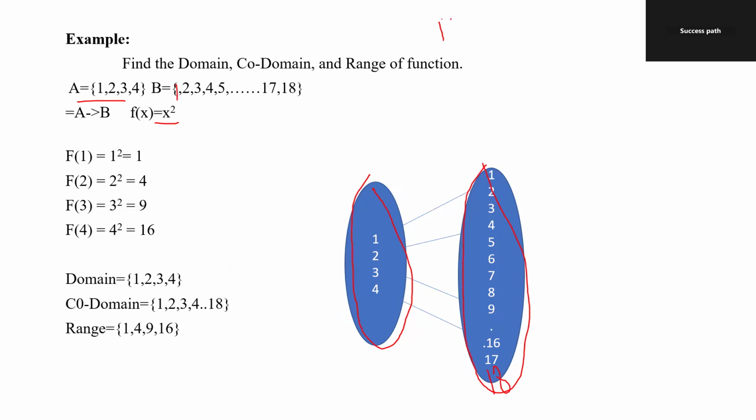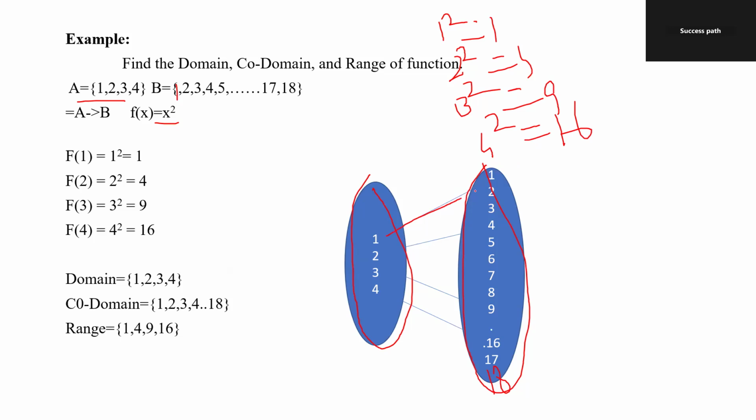So 1 squared is 1, 2 squared is 4, 3 squared is 9, 4 squared is 16. So I connect 1 with 1, 2 with 4, 3 with 9, and 4 with 16. This is the way to calculate this function. So domain, codomain and range we have to do.